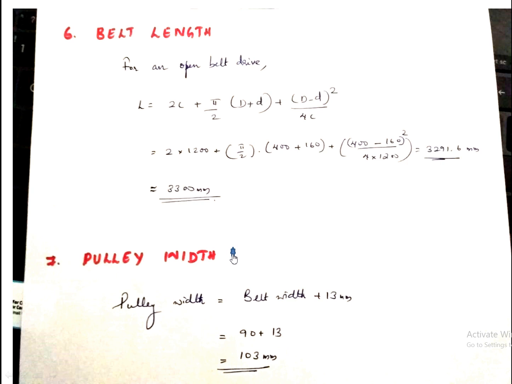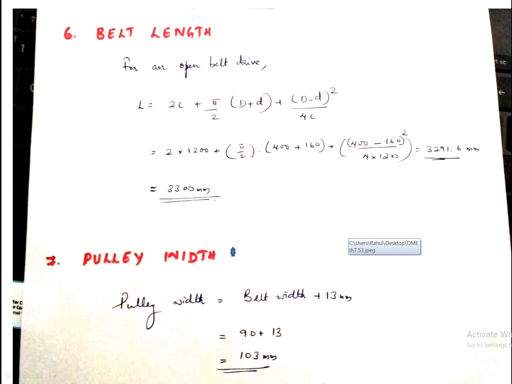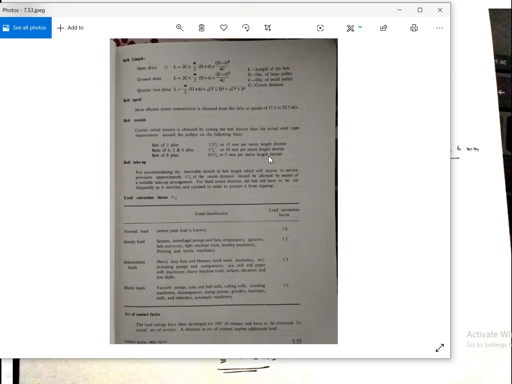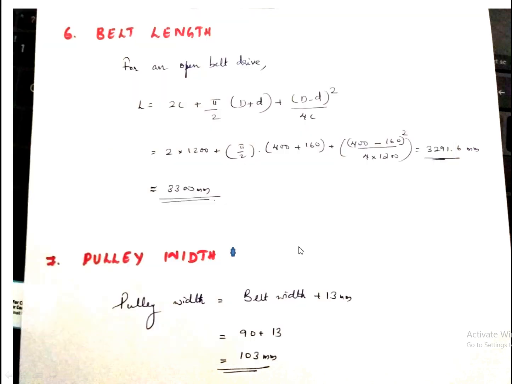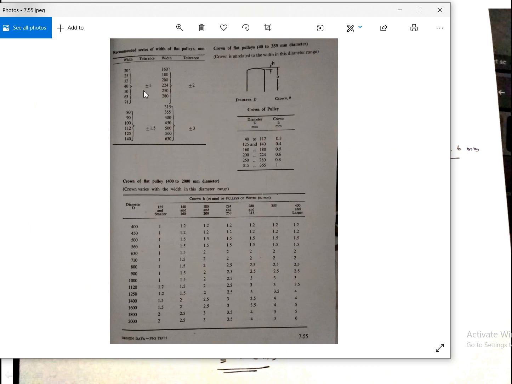To standardize, go to page number 7.55. On page 7.55, there is a table, recommended series of width of flat pulleys. From this table, you may select the value. Our value was 103, so let us select the value very near to this 103.